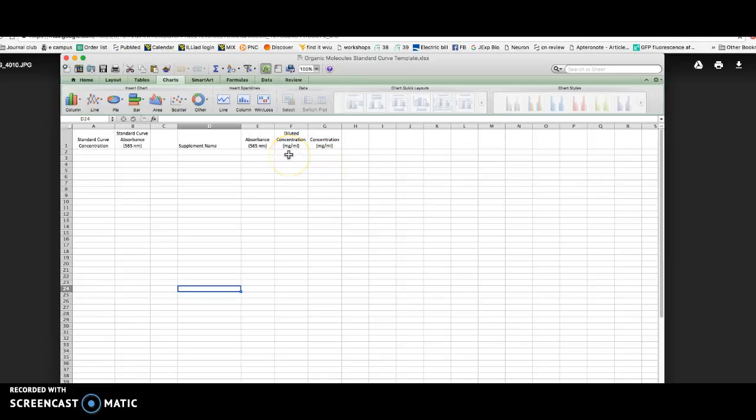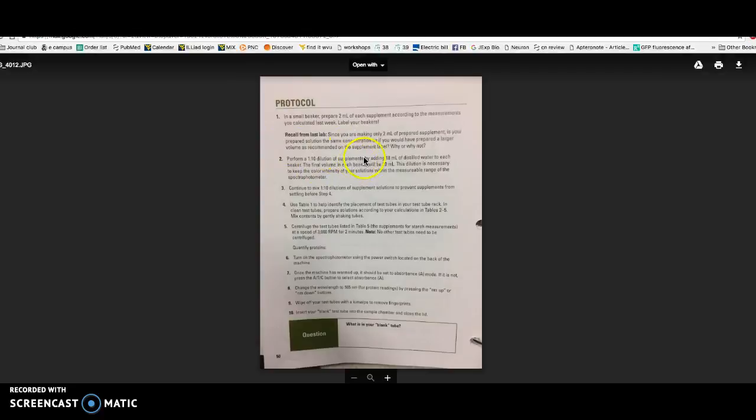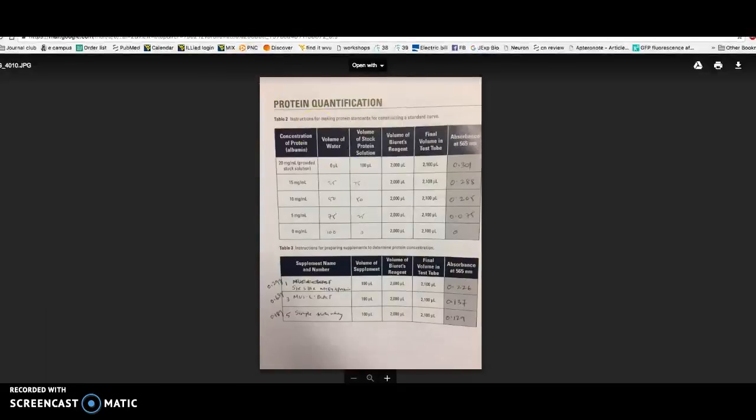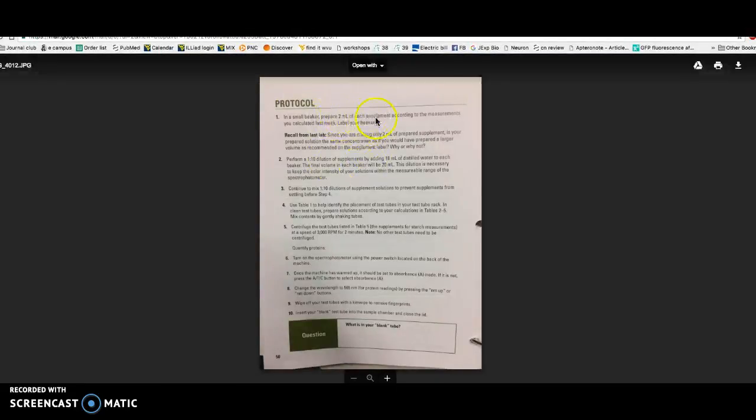So the diluted concentration is from the absorbance values you got. Because we diluted the concentration 10 times, that's why we named this column diluted concentration. But since we want to know the actual concentration of the protein in the actual serving size, which was 2 ml, I guess, we make 2 ml of each supplement according to the measurements, but then we diluted, and the absorbance values you got were for the diluted mixture.